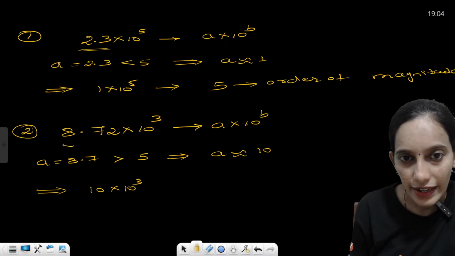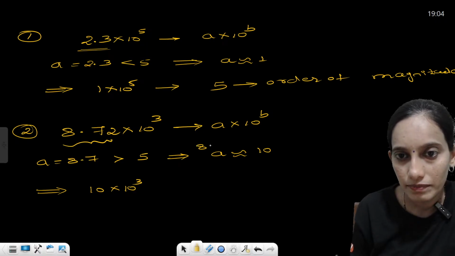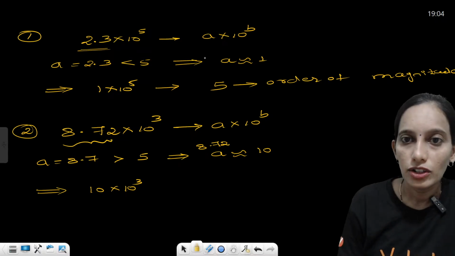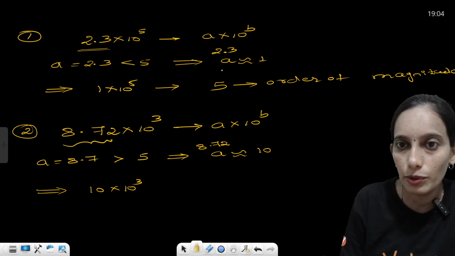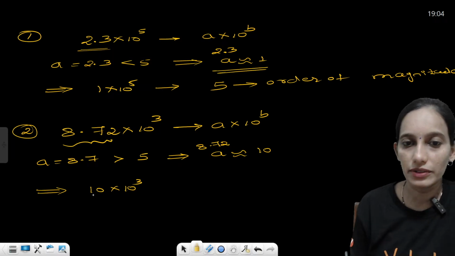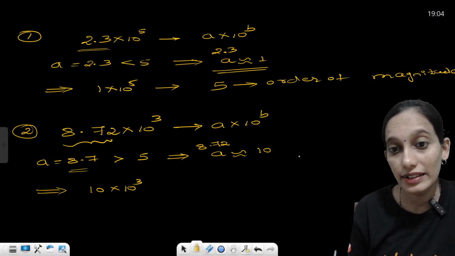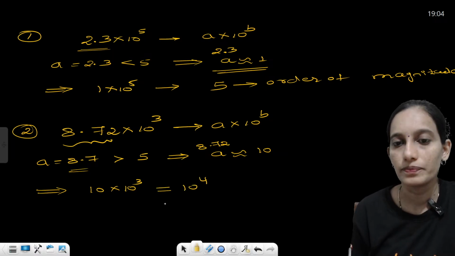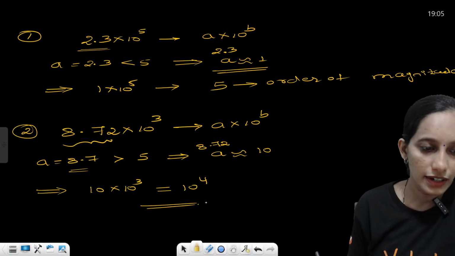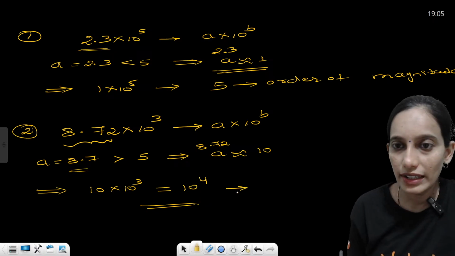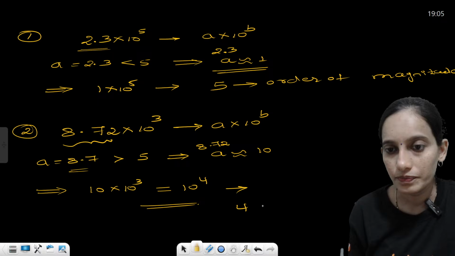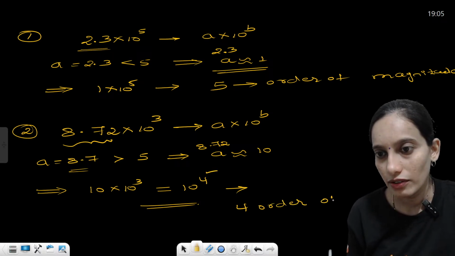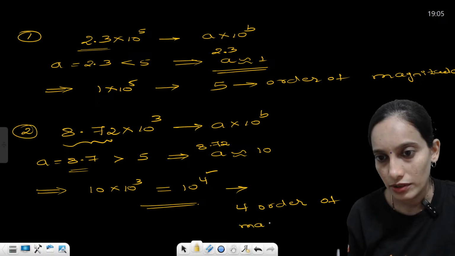This 8.72 we approximate to 10. There we approximated 2.3 to 1, here we approximate 8.7 to 10, or this is something like 10 power 4. Okay, hope it is clear. So now the order of magnitude here is 4. This one, 4 is the order of magnitude.